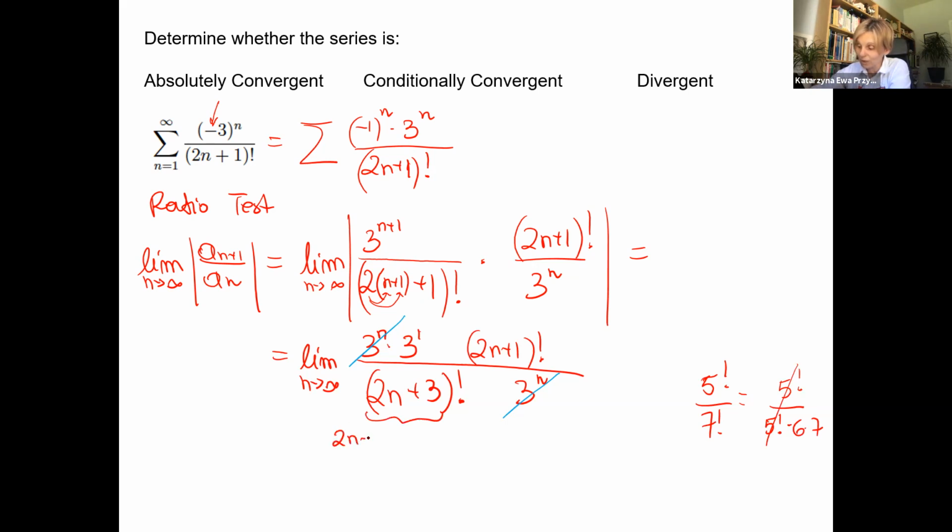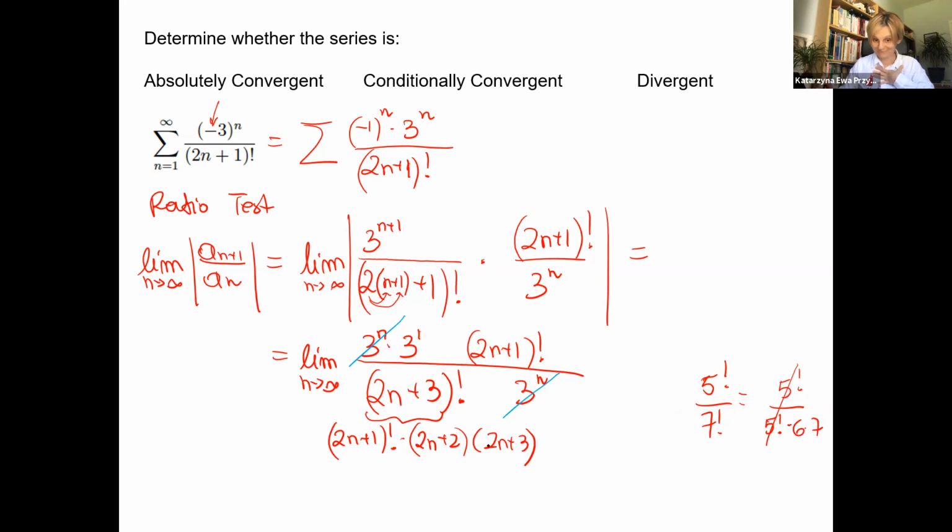I will say (2n+1)! times (2n+2)(2n+3). Yeah? We can picture that the number 2n plus 3 is like 7. And we can see I did subtract 5 because I would like to match the number on the top, (2n+1)!, and then (2n+2), (2n+3).